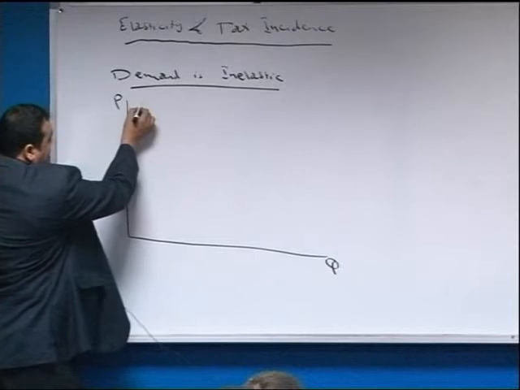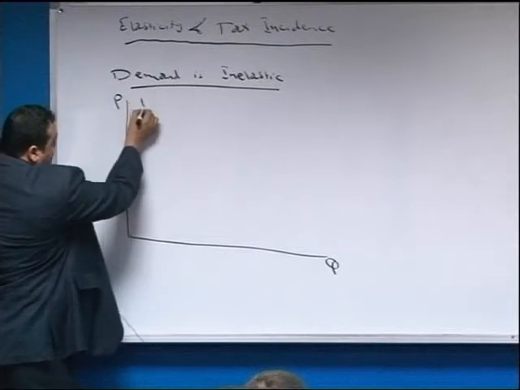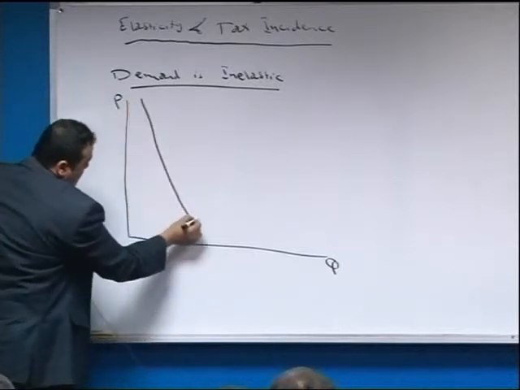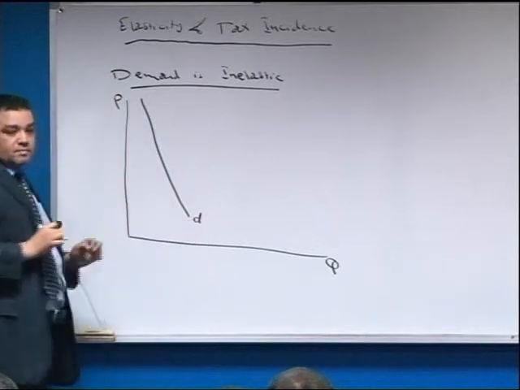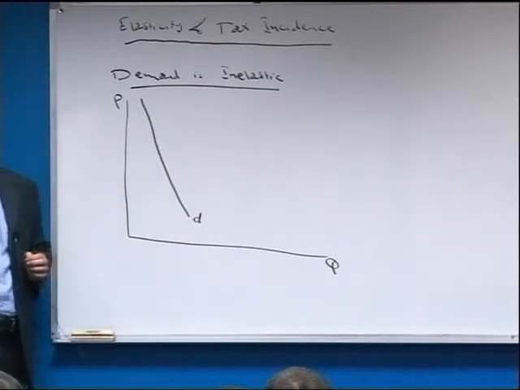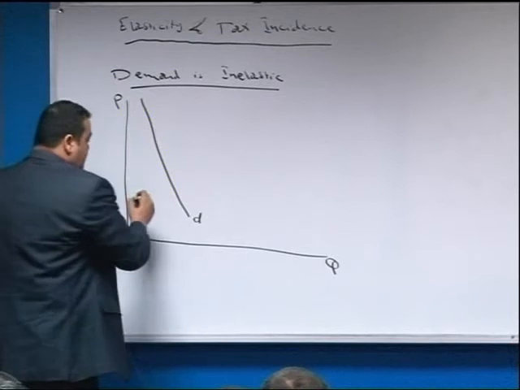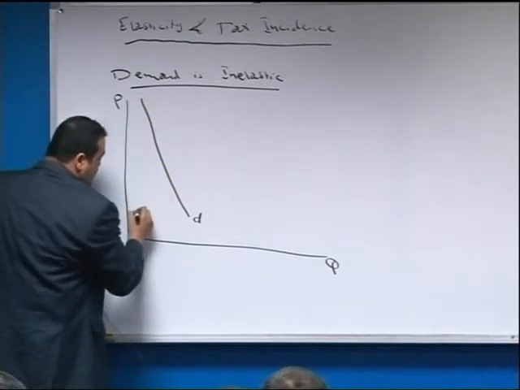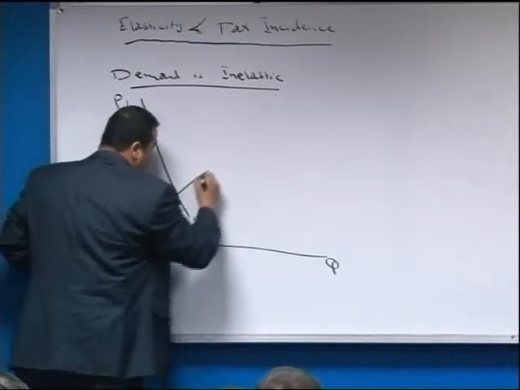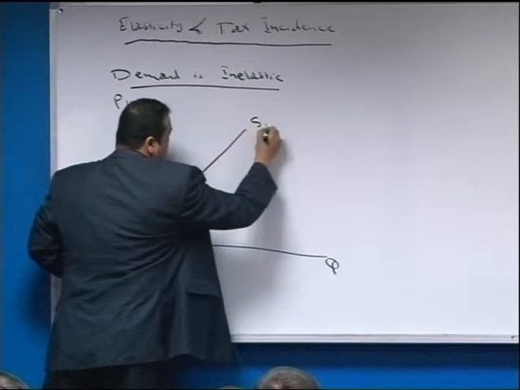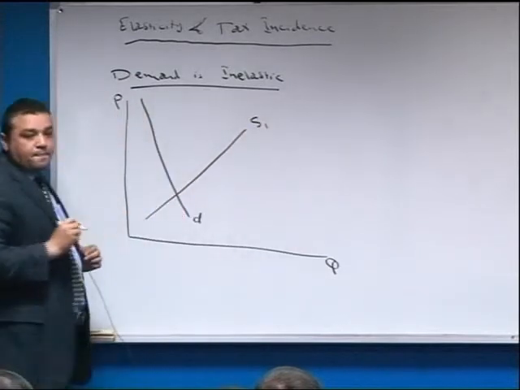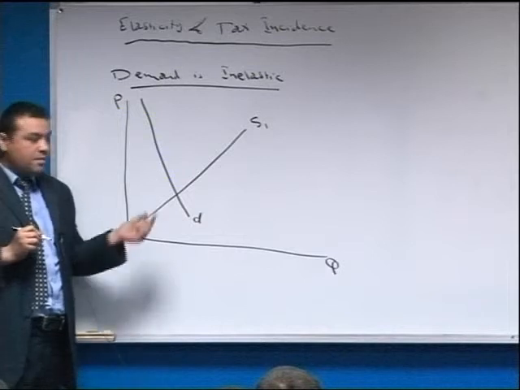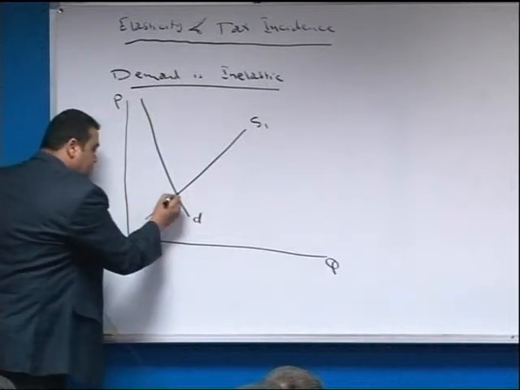Demand is inelastic means it's close to a vertical line. This is D. Right? Suppose that the supply is unitary elastic and it's S1. Right? This is the equilibrium point, E1.